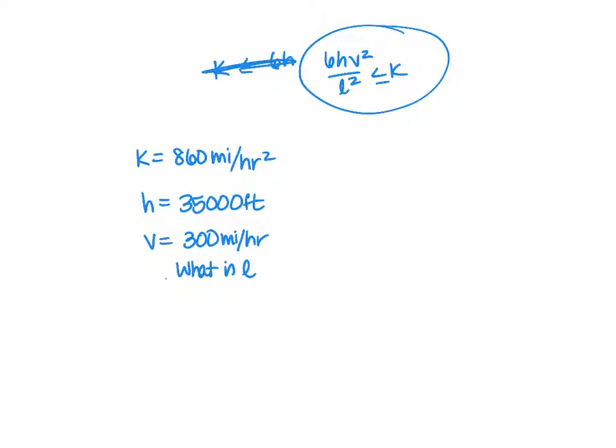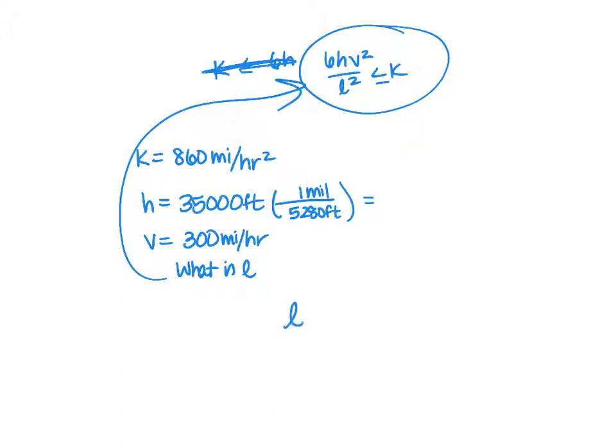We can solve for L because we're just being told what these values are. You have to have all your units right, so let's put everything in miles and hours. It's kind of unconventional, but it will be simpler. And so we have 5,280 feet is 1 mile, and so we'll change that.